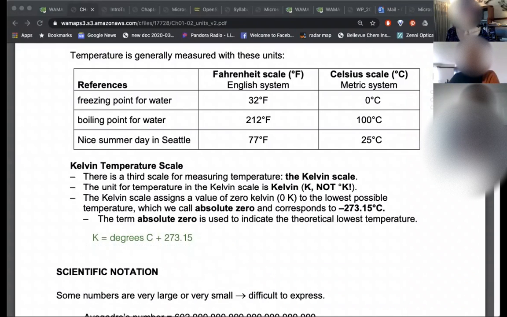That's our freezing point of water. It's large. There's actually a lot of heat available even at freezing. And then this just adds 100, so the boiling point of water is 373.15 Kelvin, even more heat.